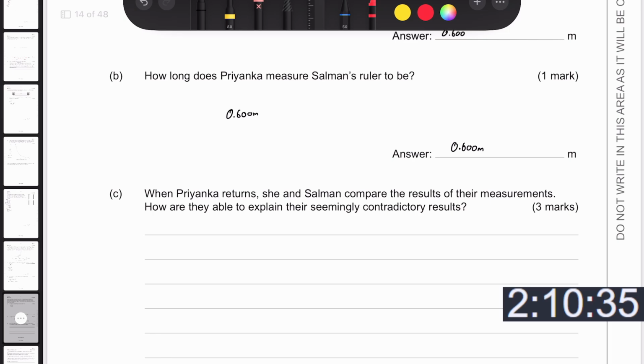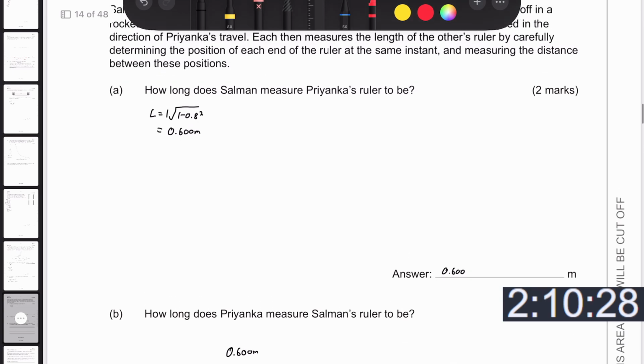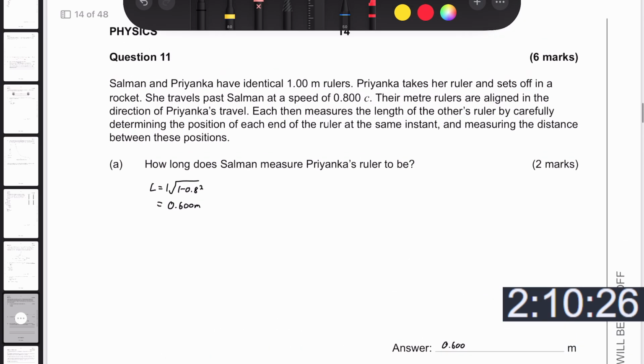How are they able to explain the seemingly contradictory results?